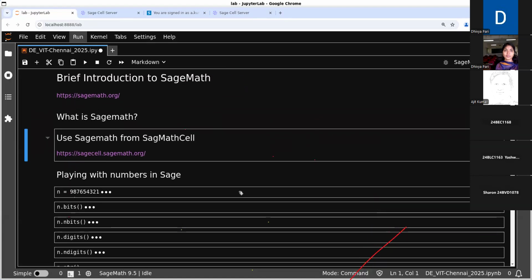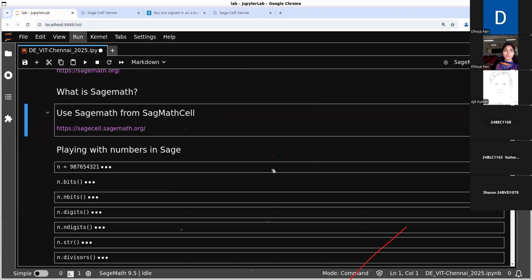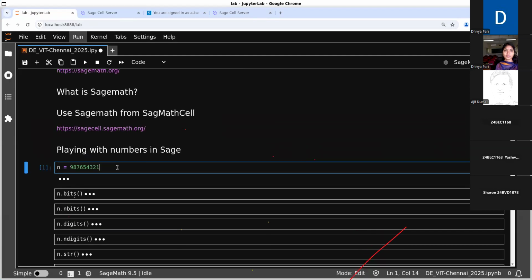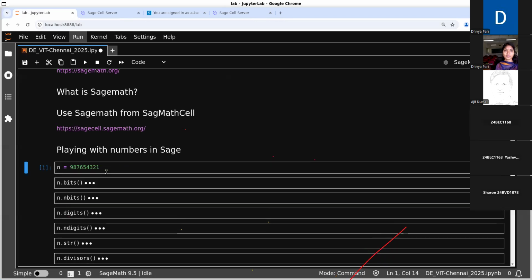Now let us look very briefly at how we can make use of this. Let us define a number n, which I have written as n equals 987654321, starting from 9 to 1 in decreasing order. This is a number.